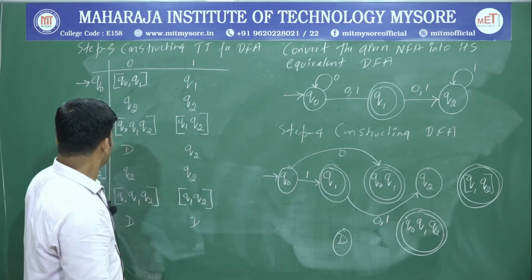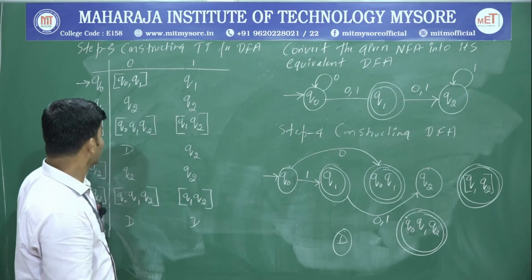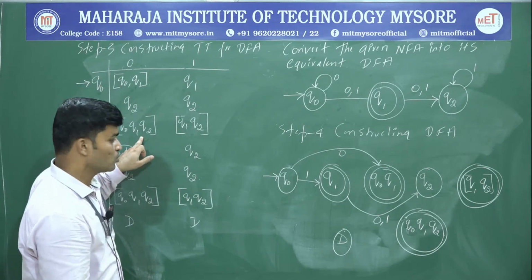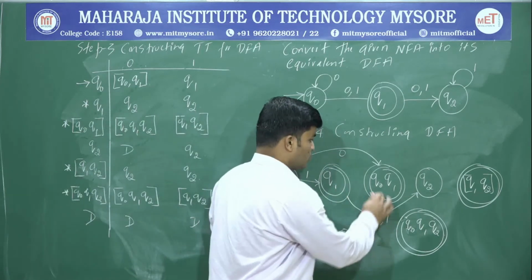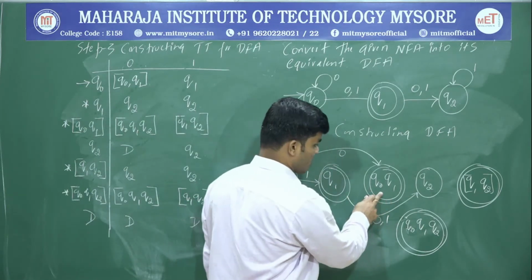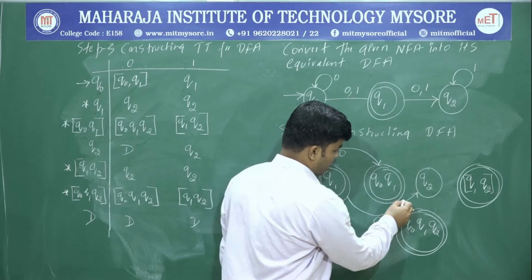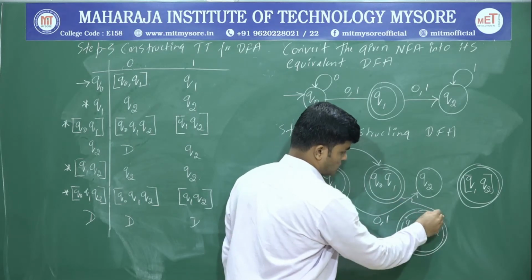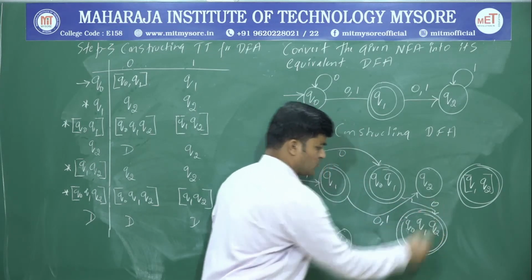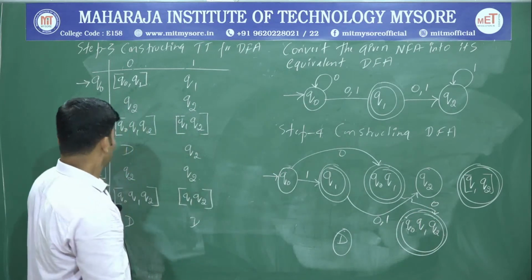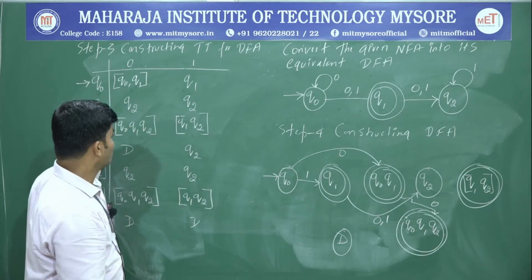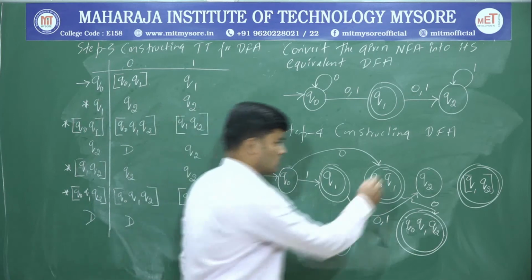Now go with Q0 and Q1. What is Q0 Q1 upon 0? It is Q0, Q1, Q2. What is Q0 Q1 upon 1?